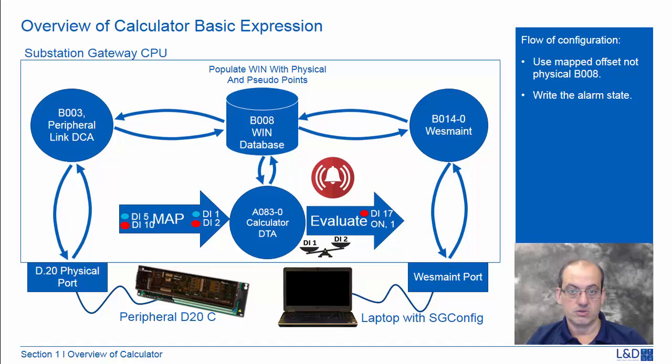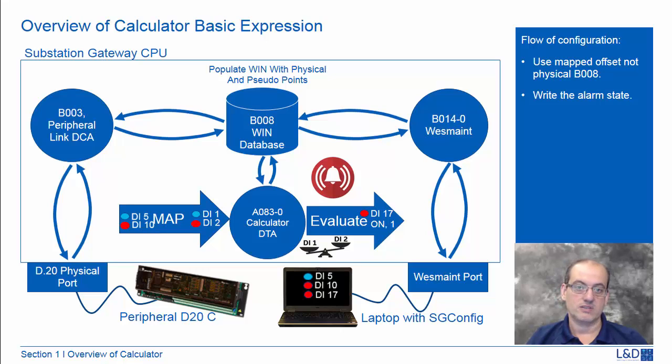So in B008, right now, I have digital input number 5 as off, digital input number 10 as on, and digital input number 17 as on. And of course, if we have the westmain connected, we'll be able to see them: digital input 5 off, digital input 10 on, digital input 17 on.